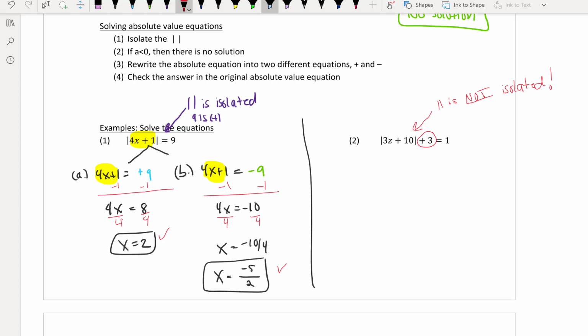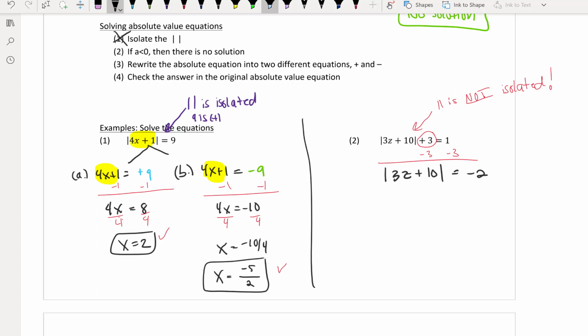So you want to isolate the absolute value by subtracting that 3 from both sides. Otherwise, you can't even begin, right? That's your step number 1. So now I have my absolute value of 3z plus 10 is equal to negative 3 plus 1, which is a negative 2. So, okay, check mark. I have isolated the absolute value.